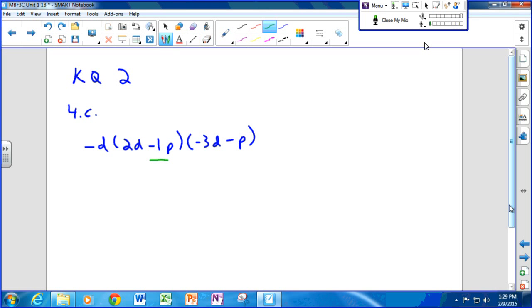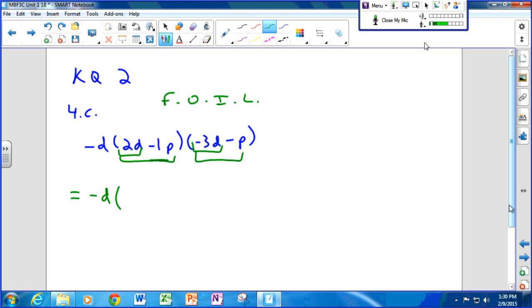So the first thing I'm going to do is multiply the 2 expressions in brackets using FOIL, and then we'll multiply the negative d. So let's not forget the negative d. We're going to need it down here. Okay. So FOIL. I don't know if I'm actually going to do the whole thing here, but the first part we're going to do is 2d times negative 3d.